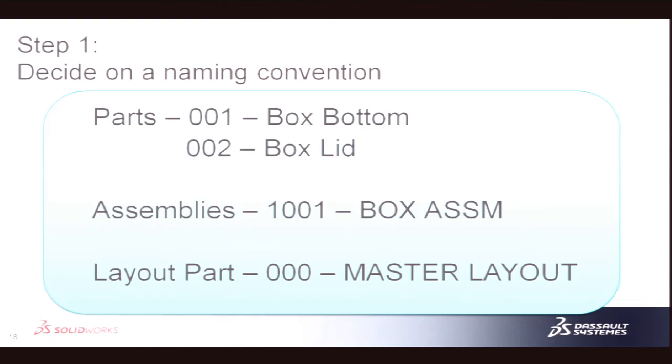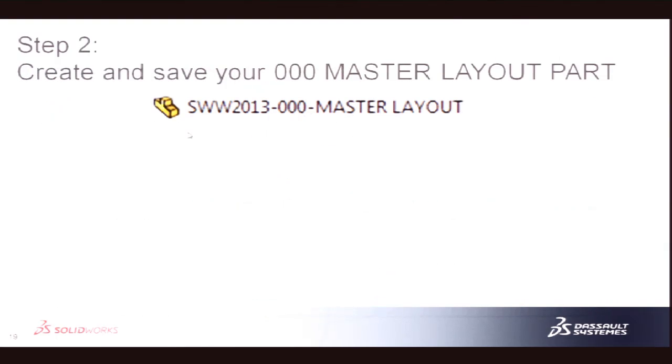Similarly, when I make an assembly, I'll do 1001, and the master layout part always has 000. This makes sense, right? Everybody who's an engineer knows why you have to have some kind of a technique. But also, you need to have a technique for the prefix. So for today's presentation, I'll use a prefix like SWW 2013 box 000 master layout.